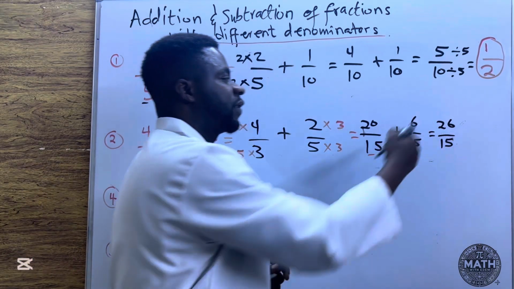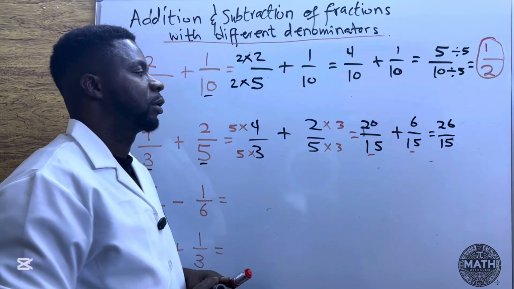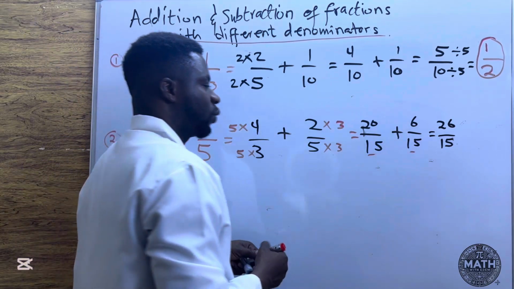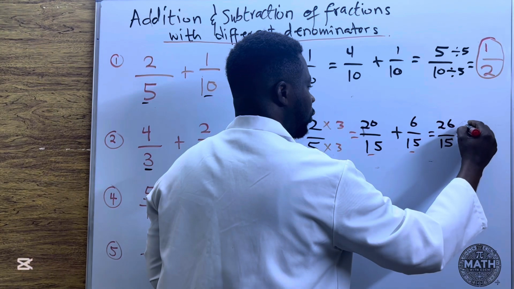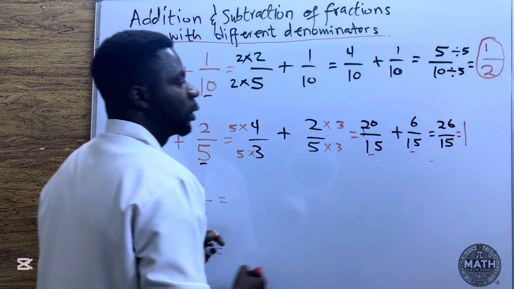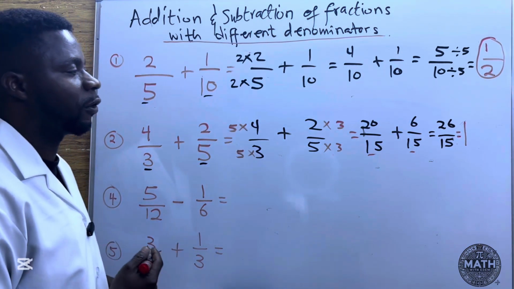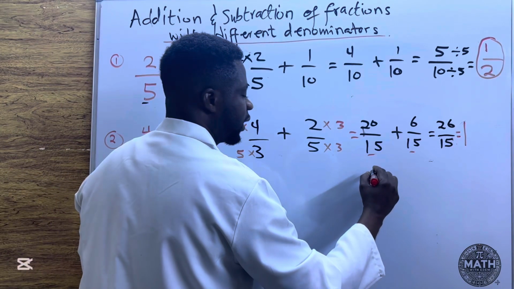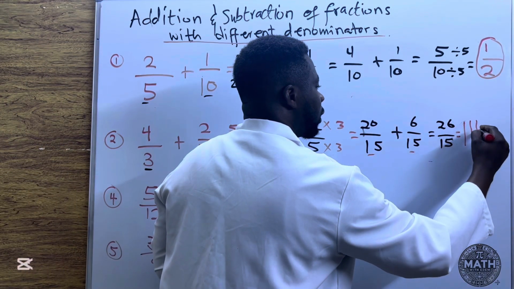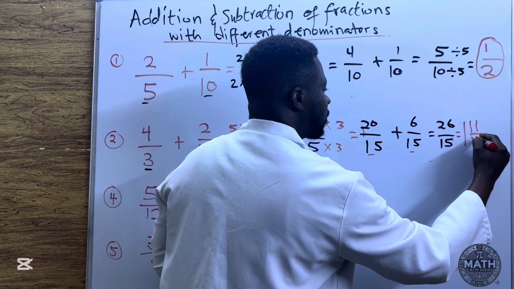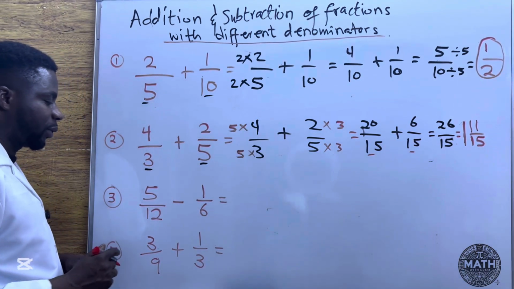So how many 15ths are in 26? It is 1. So we're going to be having 1 whole. Now subtract 15 from 26. 11 over 15.